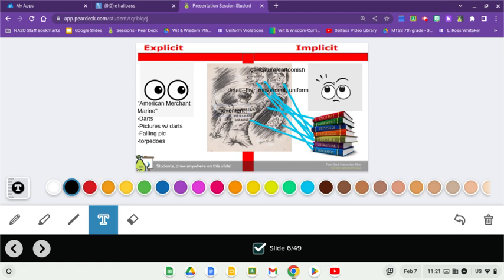And we know that these darts probably are supposed to stand for something that has nothing to do with darts, but they have something to do with torpedoes or bombs, or weaponry. Please take the time to write down one or two pieces of implicit information on the right side of your T-chart now.